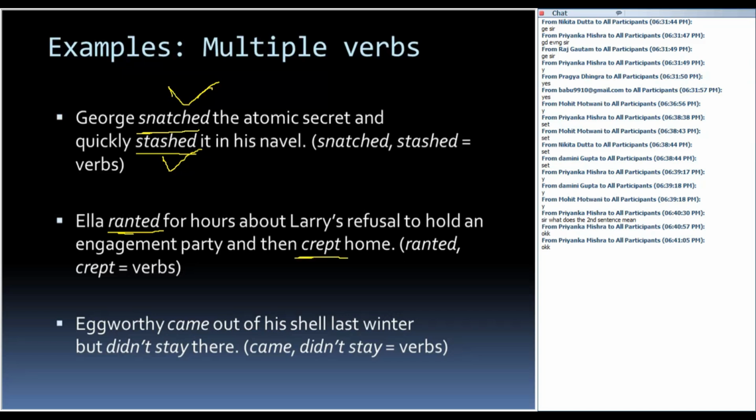She crept home. So she performed two actions. First, she ranted and then she crept home. Third, Eggworthy came out of his shell last winter, but didn't stay there. So there are two things that Eggworthy did. He came out, but he didn't stay there. Multiple verbs. So I've shown you some sentences that have multiple subjects and multiple verbs.